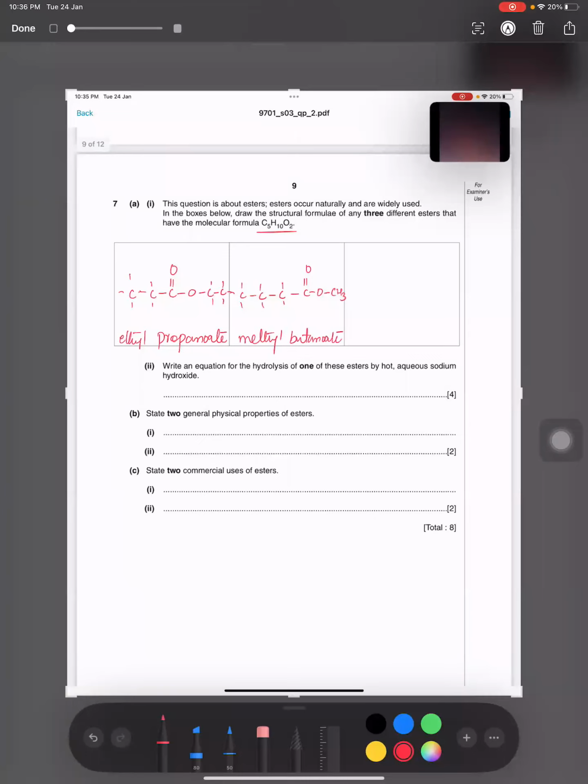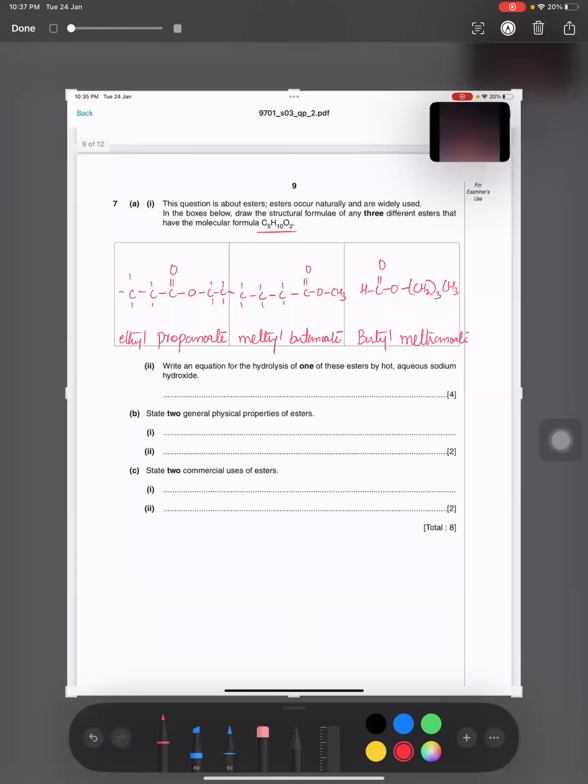And you can even draw it like this, where you keep one carbon on that side, for suppose like this, and the rest of all 4 carbons should be over there. Sorry, we have already used one carbon. So it is like this. So what will its name be? It is butyl methanoate, right? So this is how you can make them, or apart from this you can also add a branch if you want to make a branch.